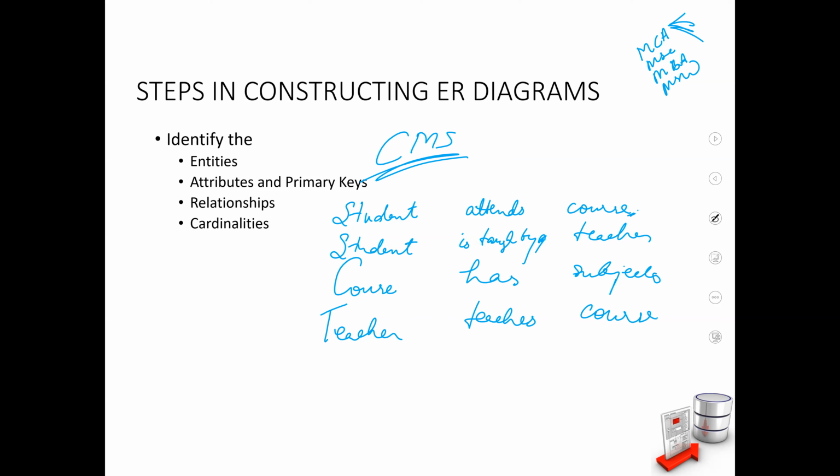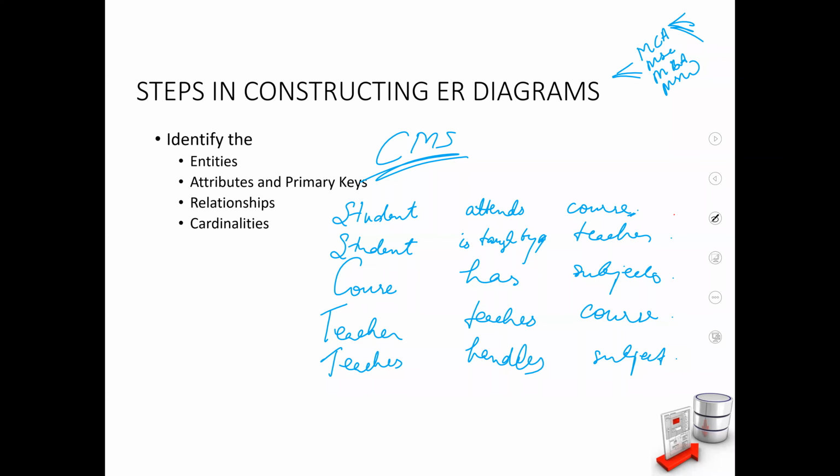A teacher can teach for MCA, can teach for MSc, and so on. Teacher handles or teaches, whatever name you give, a subject. I can teach for MCA and I can even teach a particular subject inside MCA. So I built up a very simple story.